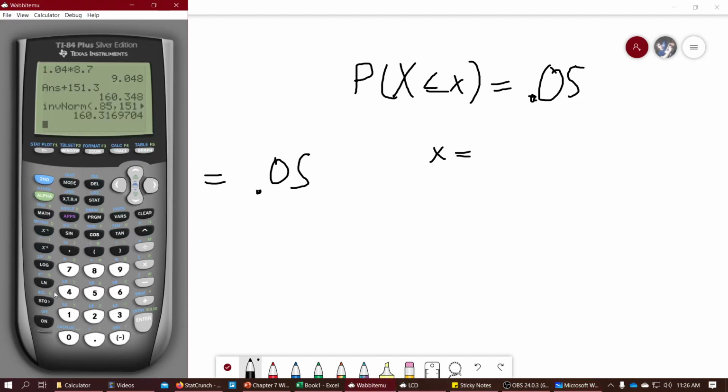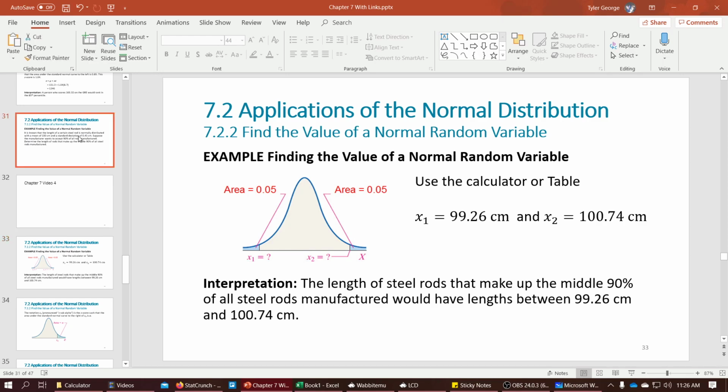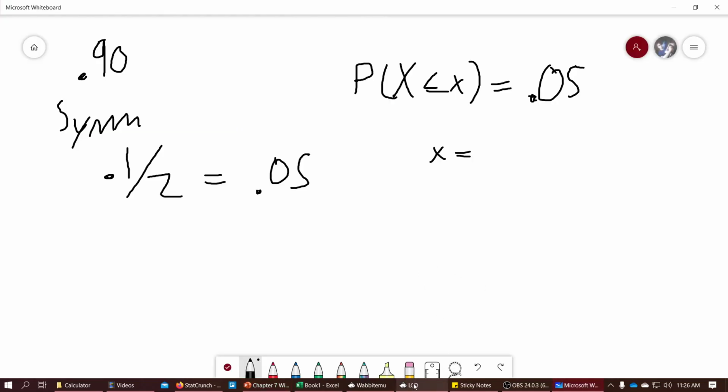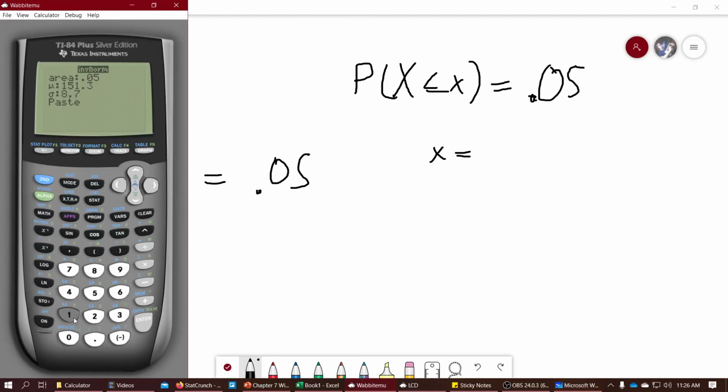Here again, we're going to go inverse normal, distribution, inverse normal, and we want the area to be 0.05. For our mean, we have to go back and look. The mean here is 100 centimeters, standard deviation 0.45.